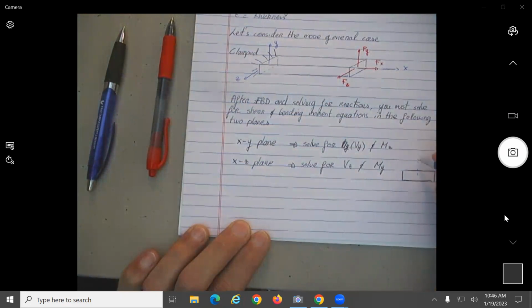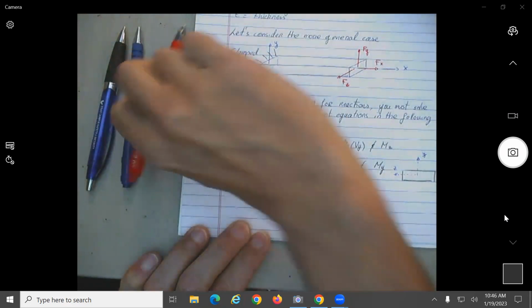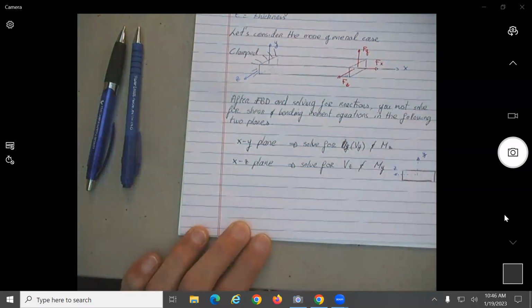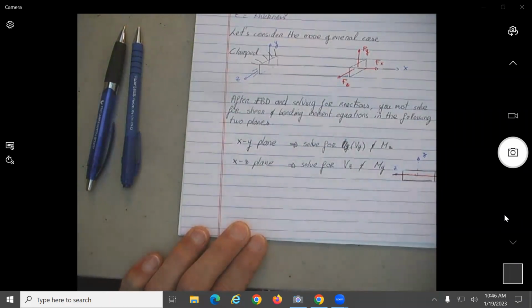This would be the what? Y. And what should be the one over here? Z. Again, so this is the neutral axis if you want. But if you look at it, I don't have that many colors, but the bending about this one will be what?